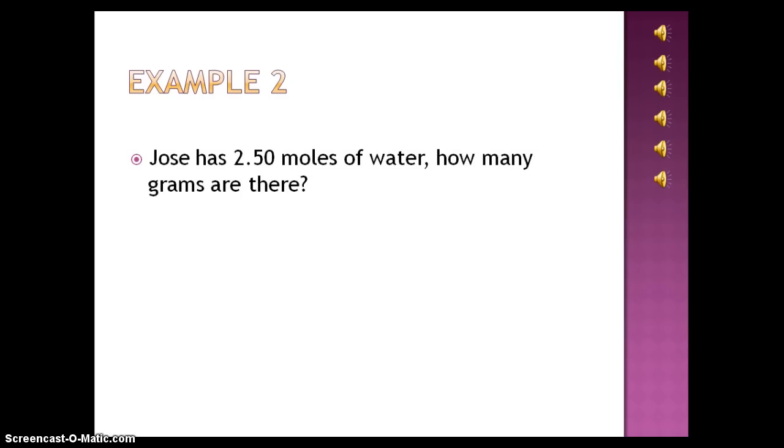Okay, now let's do one last example together. In example 2, Jose has 2.5 moles of water, and the question is, how many grams are there? Using the same steps as our last example, we identify that we're starting with 2.5 moles of water. We need grams, but had moles. 1 mole equals 18.01 grams.